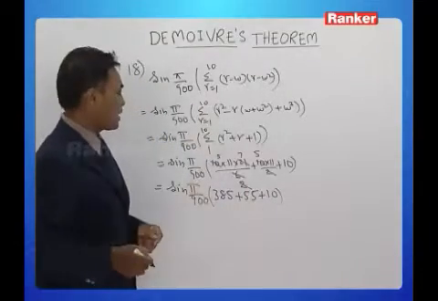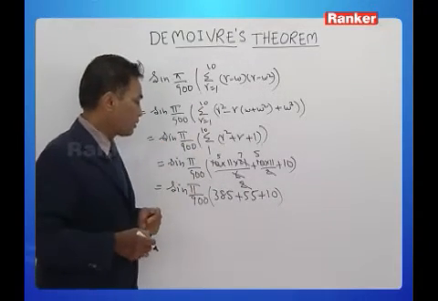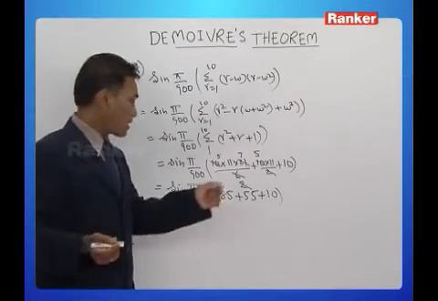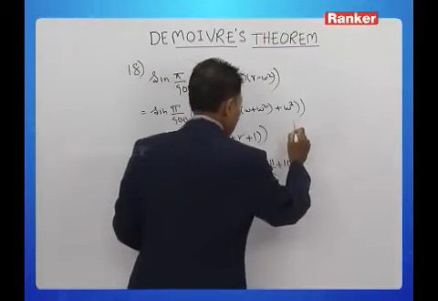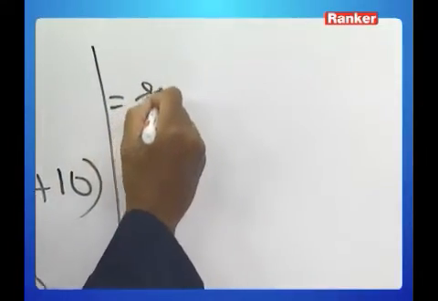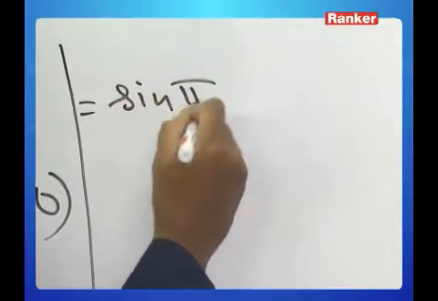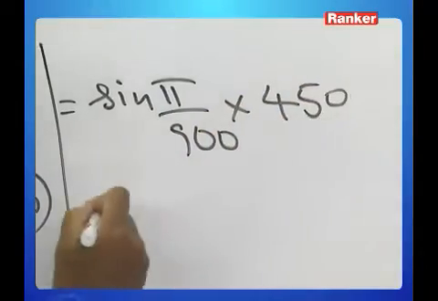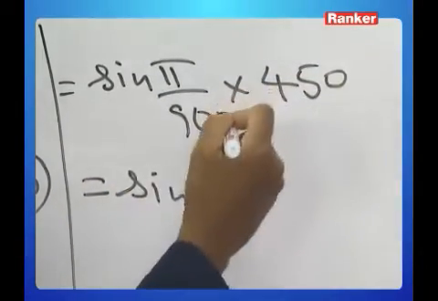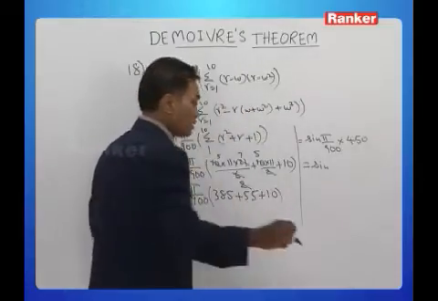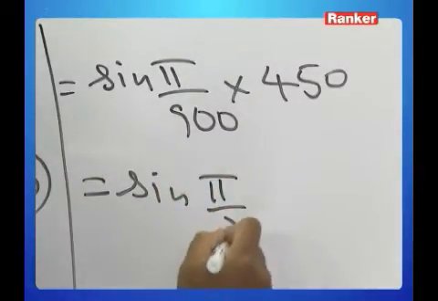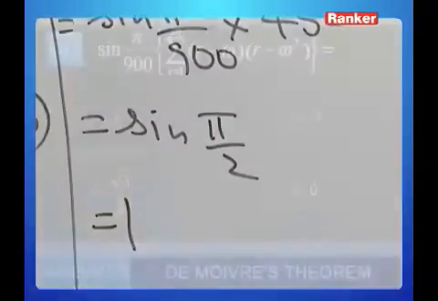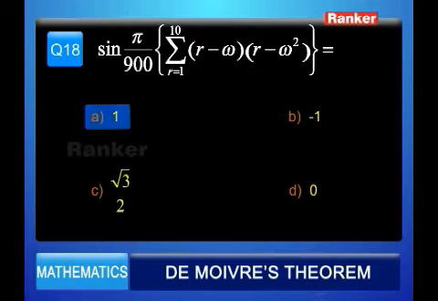So, 380 plus 5 plus 55, 440 plus 10, 450. So, final answer: pi by 900 into 450. So, 450 into 2s are, pi by 2. What is sin pi by 2? 1. So, right answer is 1. Right option is A. First option is the right option. Answer is 1.